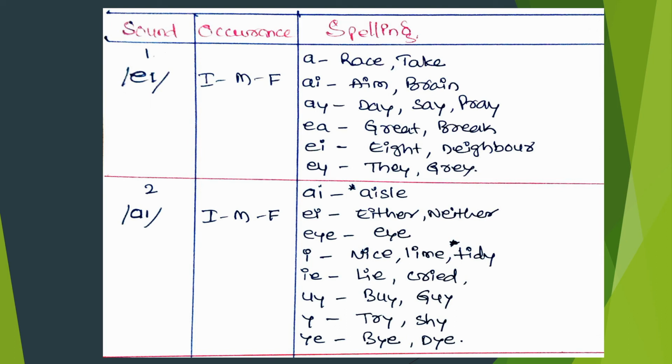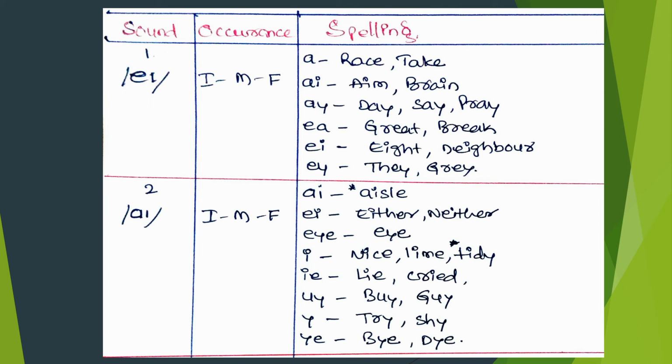Now this diphthong A, it happens initially, medially and finally. Could you say some examples where it happens initially? A happens initially in the words such as AIM.